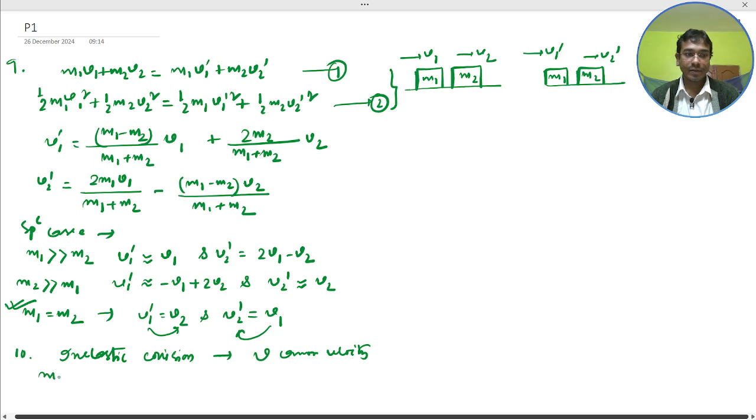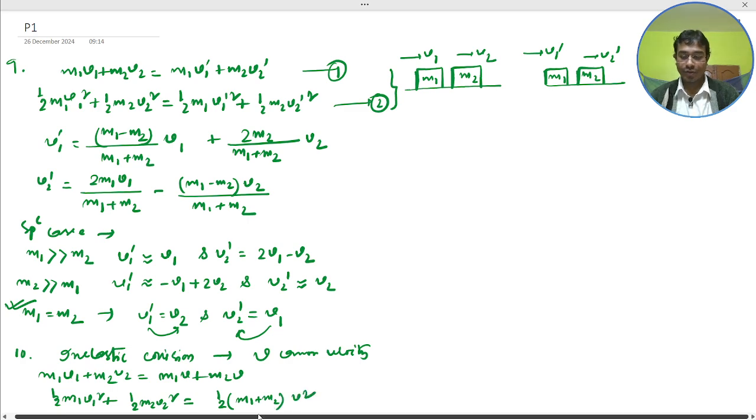In that case, linear momentum m1 v1 plus m2 v2 is equal to m1 v plus m2 v. And the second one, half m1 v1 square plus half m2 v2 square is equal to half m1 plus m2 times common v square. So you just get the common velocity as m1 v1 plus m2 v2 divided by the total mass m1 plus m2.